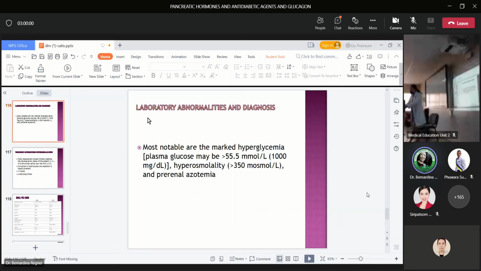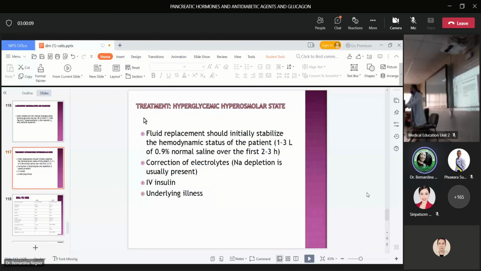So abnormalities, most notable will be a marked hyperglycemia, hyperosmolality, and pre-renal azotemia. Treatment: fluid replacement should initially stabilize the hemodynamic status of the patient at 1 to 3 liters of 0.9% normal saline solution. So 0.9 NSS, no?